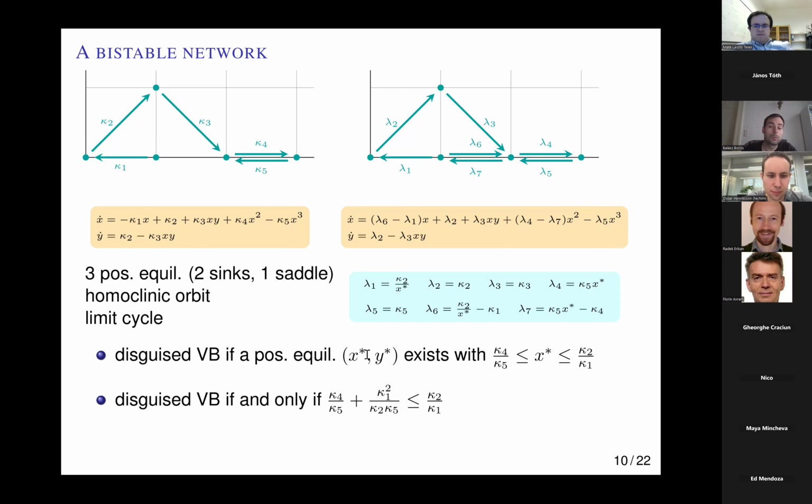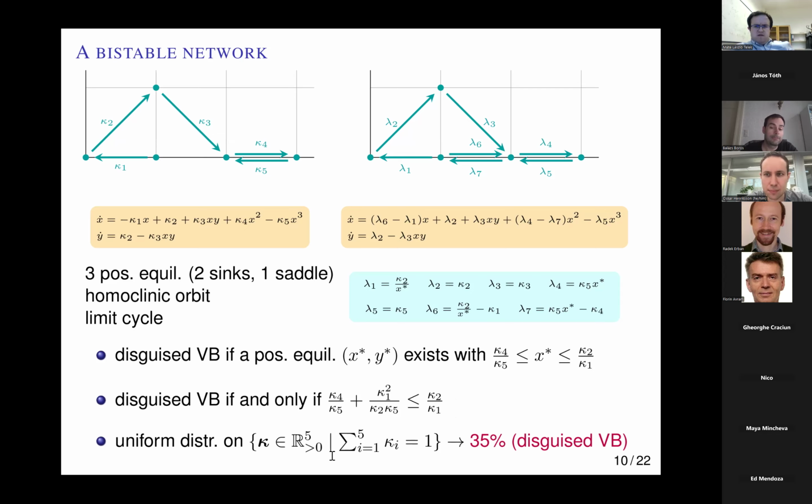And if I want to eliminate x star and y star from these considerations, it turns out the network is going to be disguised vertex balanced if and only if the rate constants satisfy this condition here, which is again a full dimensional set in parameter space.